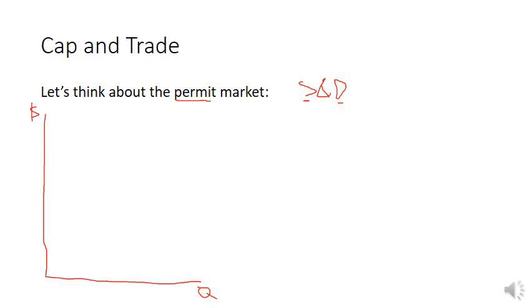Now let's take a minute to think about what this permit market looks like, and let's start with the supply side. What does supply look like in the permit market? Well, pollution permits are set by the government, where they administratively cap the amount we're allowed to pollute. In other words, they set some Q star and no one is allowed to pollute beyond that.